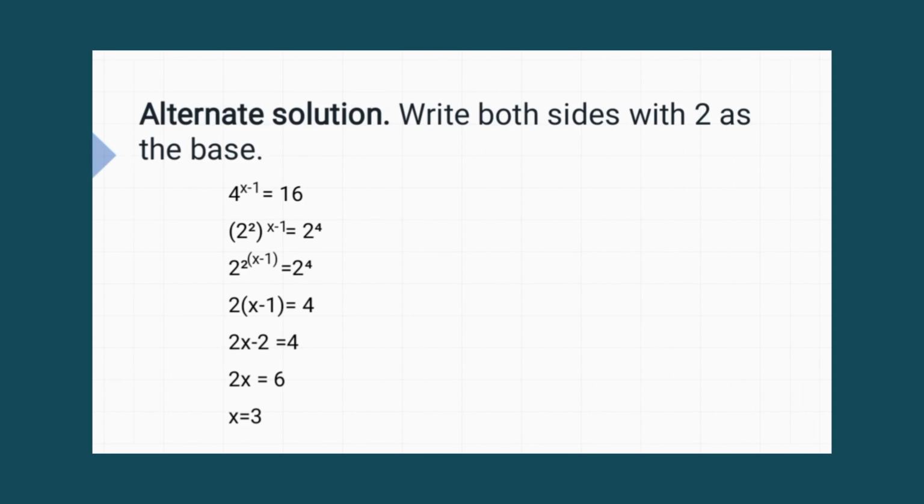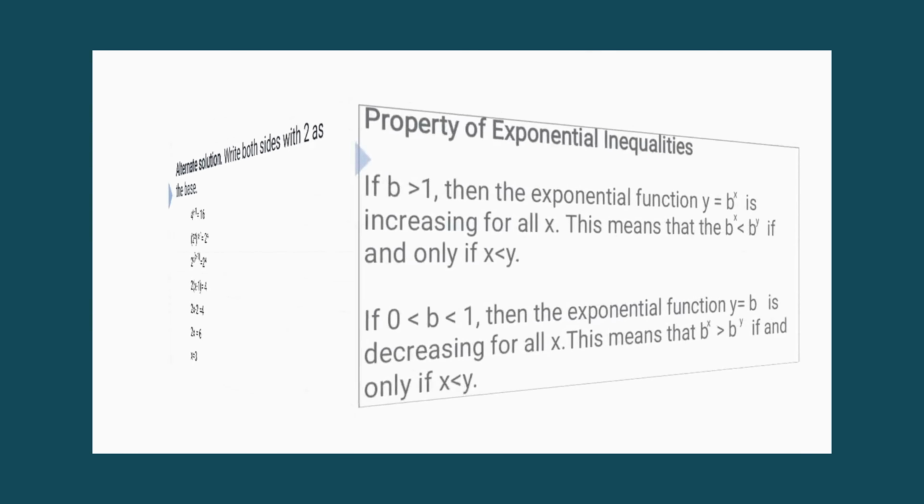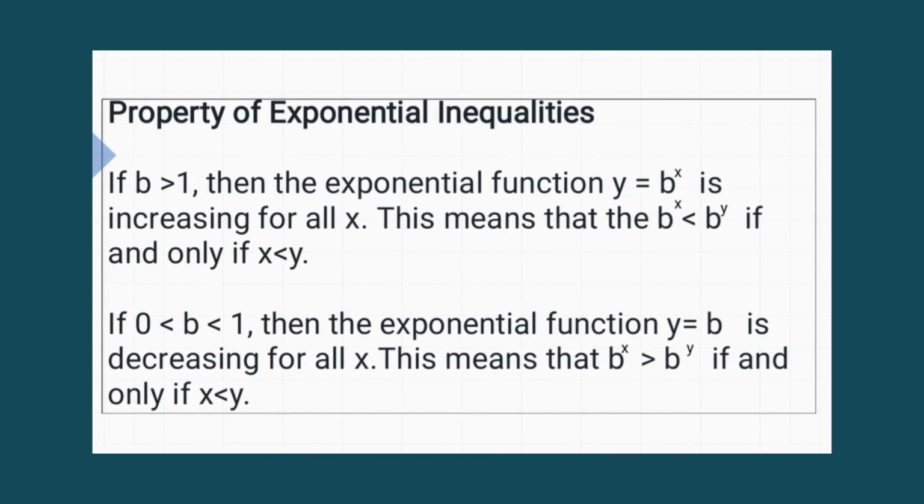Next is the property of exponential inequalities. If b, our base, is greater than 1, then the exponential function y is equal to b raised to x is increasing for all values of x. This means that b raised to x is less than b raised to y if and only if x is less than y.